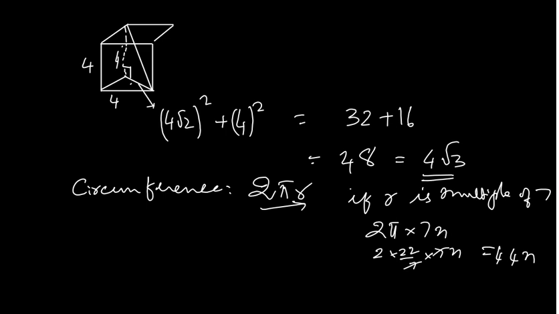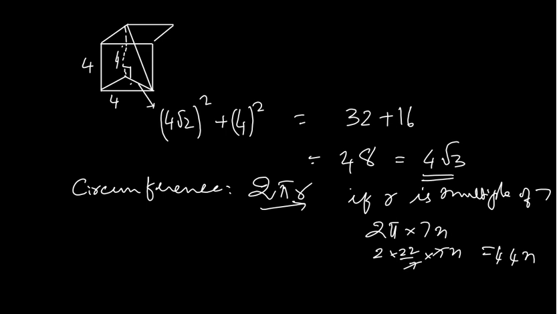That decides the accurate value of it. Understood? Not always. If r is not a multiple of 7, definitely it's irrational. Why? Pi is an irrational number, right?